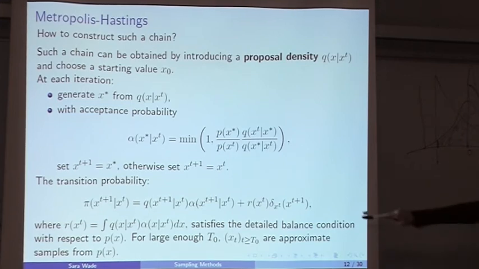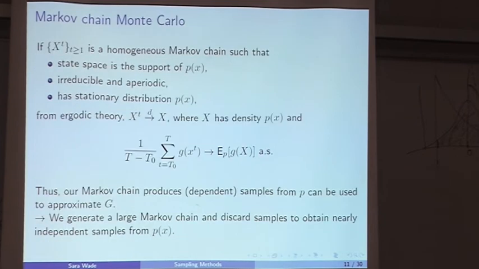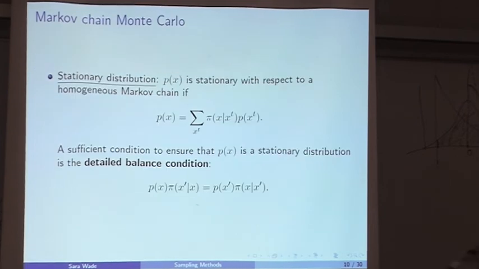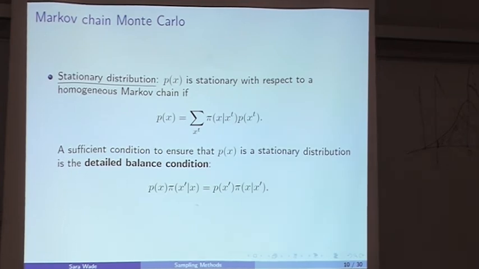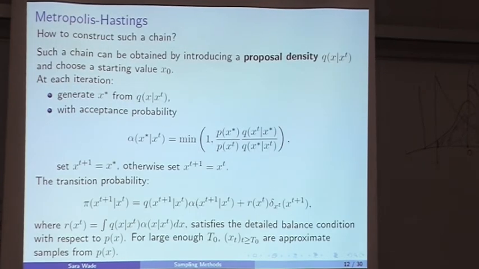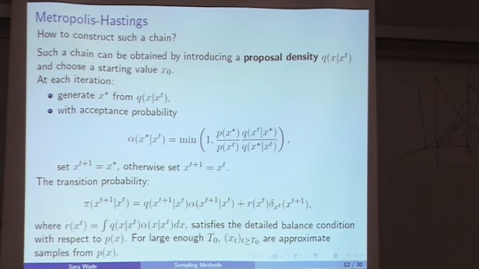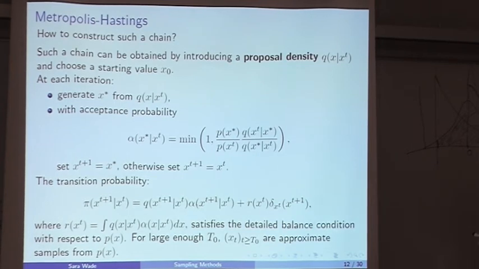So you can show that this transition probability satisfies the detailed balance condition here. That's not too difficult to show. And so this means that for large enough t, our samples are approximately samples from our target distribution p of x.